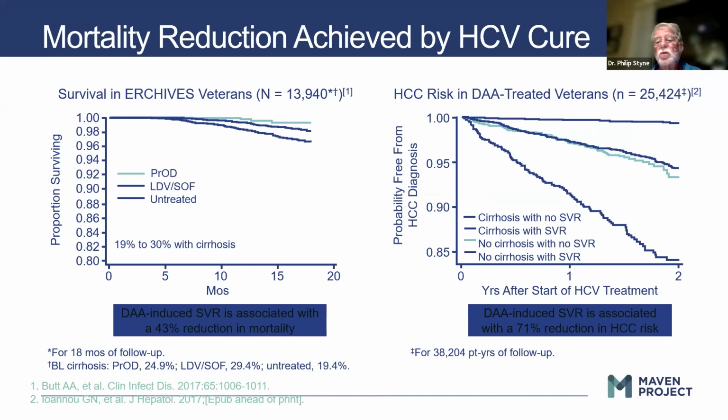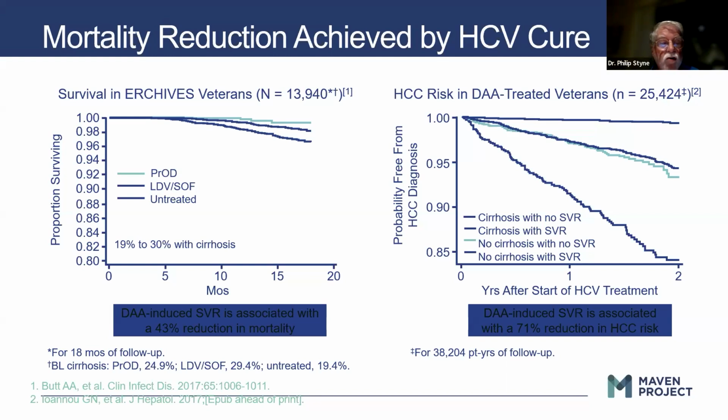This slide is a little complicated, but the idea really is that treating patients with hepatitis C reduces morbidity and mortality. Even in patients with advanced disease, cirrhosis, we can obtain sustained viral response, which is our term for cure, because we don't know really what's happening with this virus.